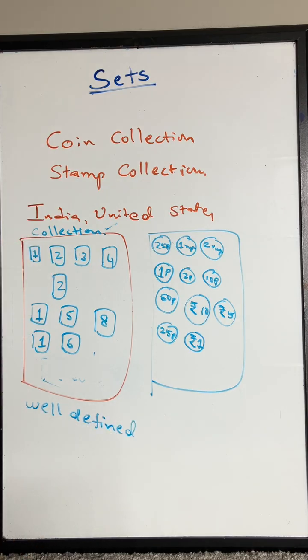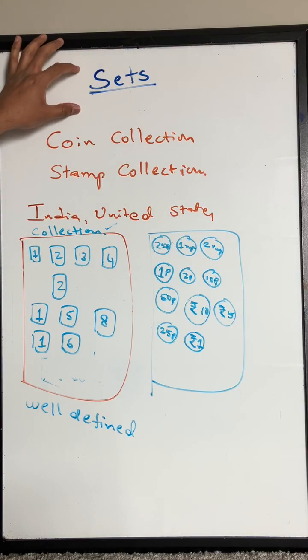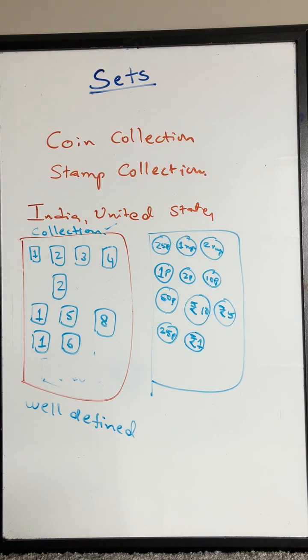So now we'll come to a different name called sets. Okay. So a set is very relevant to well defined collections, but the only difference between a collection and a set is that in sets we don't allow duplicates.